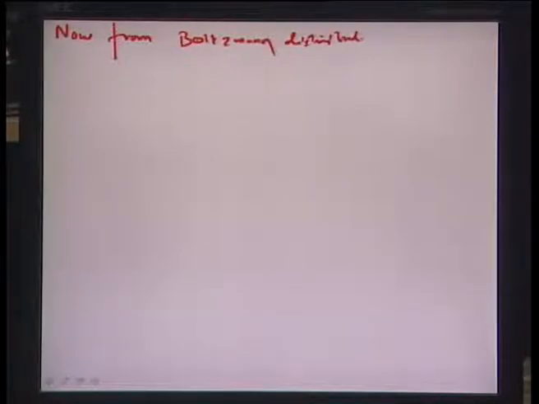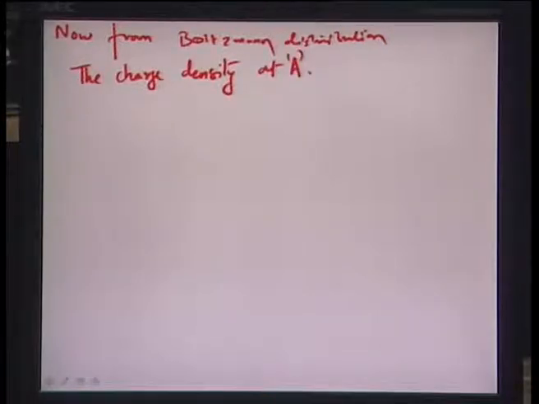Without going into the details of what Boltzmann distribution is, I am simply going to write that from Boltzmann distribution the charge density at A, remember the point A at which the potential was phi in the last slide.